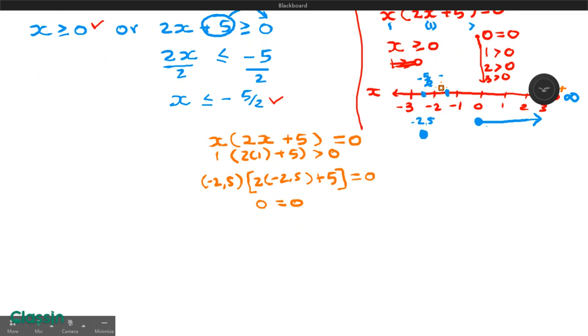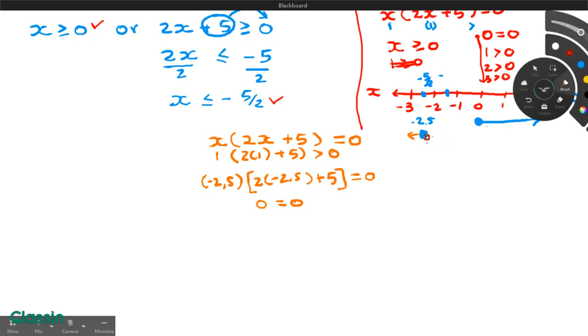Now, which direction am I going? Question is, am I going there or am I taking this side? So we will need to verify. Now, if I'm here, which value am I between? I'm between -3 and -2.